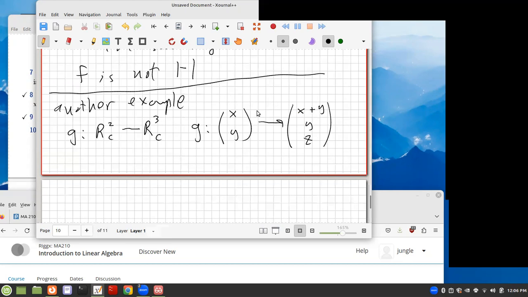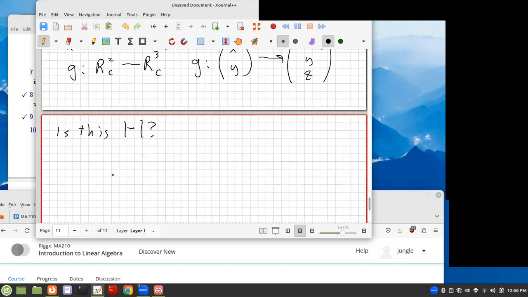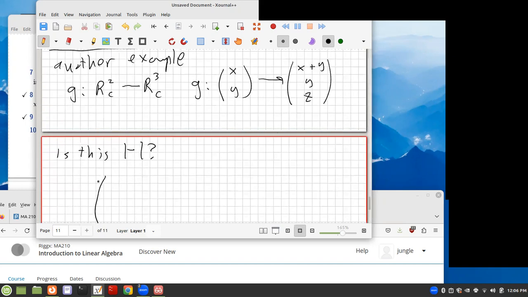And let's see, is this one-to-one? Well, what we do is we take the image form, and with two different vectors we'd start from x1 plus y1, y1, oh, there's no z.